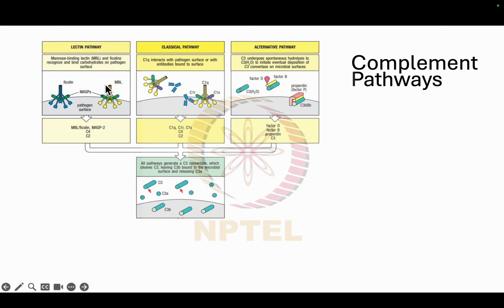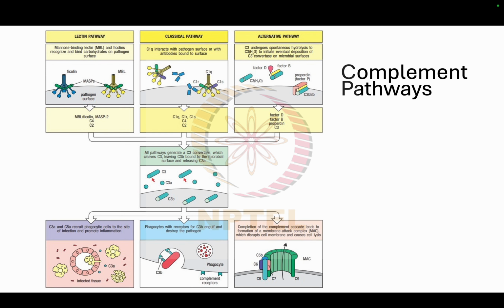So three pathways: lectin pathway, classical pathway, alternative pathway. In all of these you can see the cascade mechanism activating other complement proteins, example C4, C2, and here also C4, C2, C3 in the alternative pathway. All pathways generate a C3 convertase which cleaves C3, leaving C3b bound to the microbial surface and releasing C3a. C3b remains bound to the microbial surface, but C3a gets released.